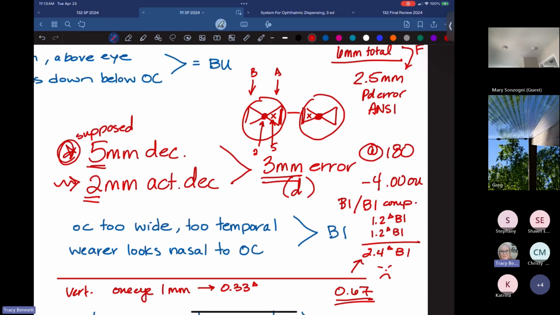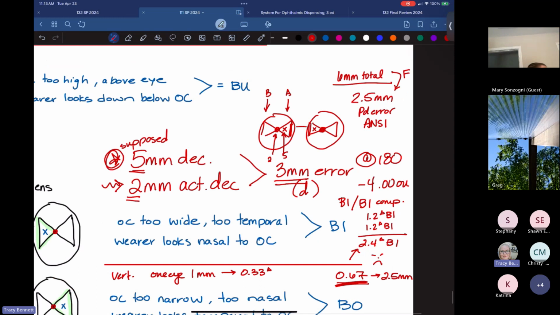So 0.67, and our millimeter amount that we're allowed is 2.5 millimeters. But remember, we already failed it up here because of this one. We said, well, you're allowed the 2.5, but we got 6 millimeters of error, so that fails.